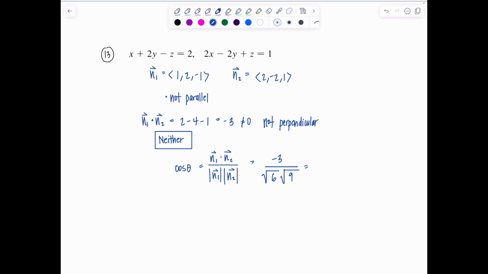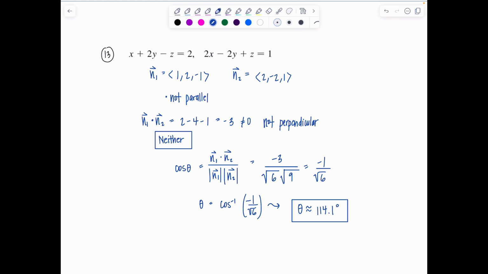So then I end up with negative 1 over rad 6. So theta is cosine inverse of negative 1 over rad 6. And if we're rounding to 1 decimal place, as the direction said, then we'll say it's approximately 114.1 degrees.